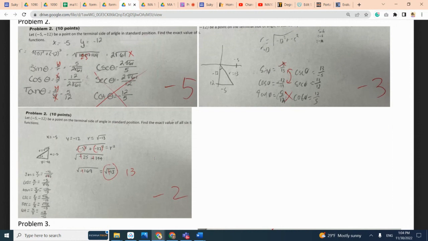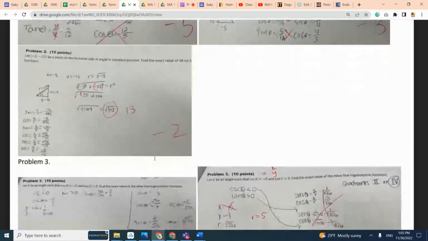When you have plus, you get positive 169. Square root of 169 is 13, so no square roots again. I think I've seen this mistake in the quiz. That's why I really hope that you can do the mistake book. If you make a mistake before, it reminds you not to make the mistake again in the exam. We learn from our mistakes.